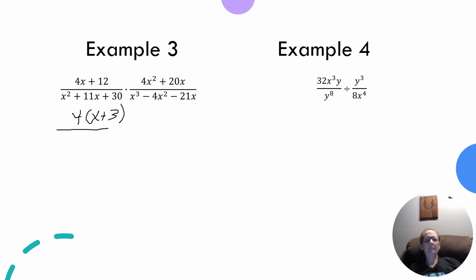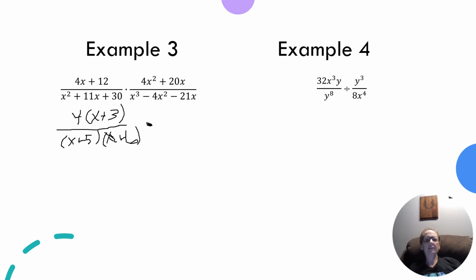And then in the denominator, I need 2 things that multiply to 30 and add to 11. They're both going to be positive, so that's going to be 5 and 6. X plus 5, x plus 6. And then that's that first fraction all factored.